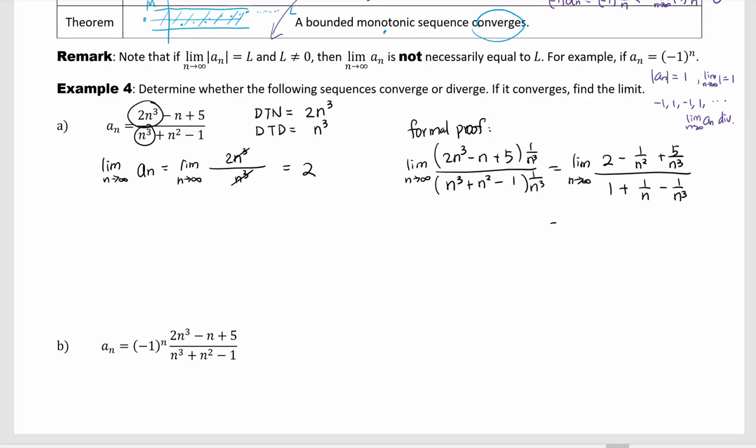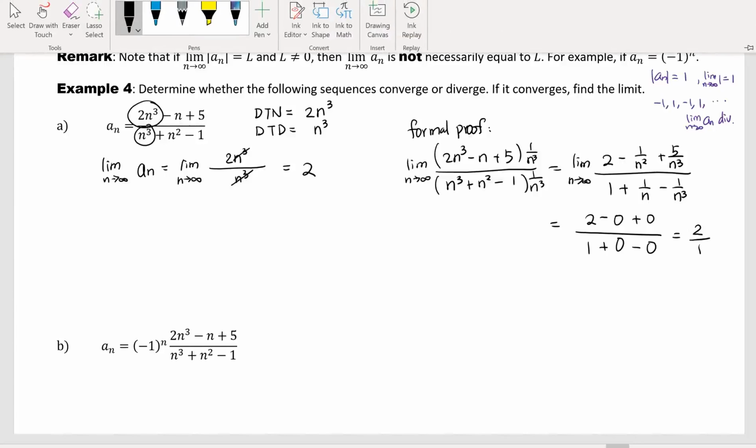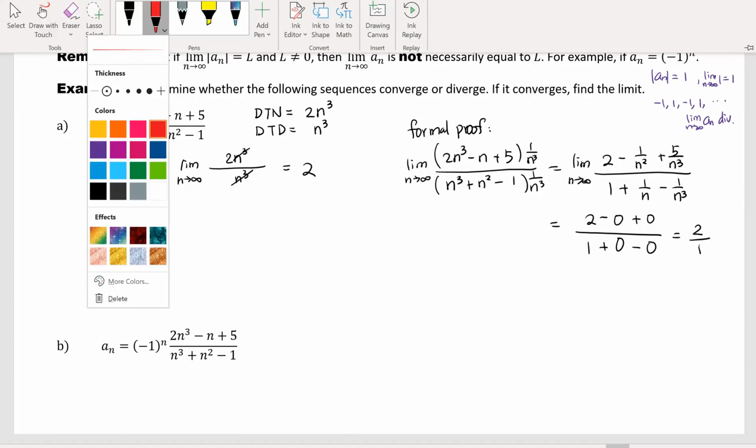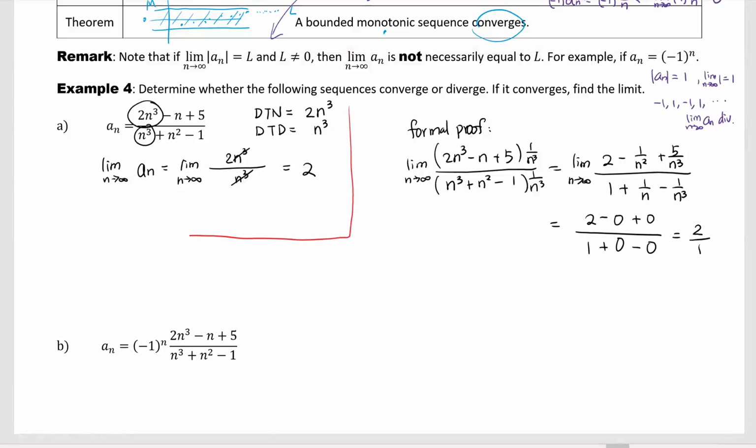Okay, now when n goes to infinity, what happens? 1 over n squared goes to 0. 5 over n cubed goes to 0. The bottom, 1 over n goes to 0. 1 over n cubed goes to 0. So you get 2 over 1. So this is a formal proof. But in the exam, you don't need to do the formal proof. You can just use this to show me. Okay?